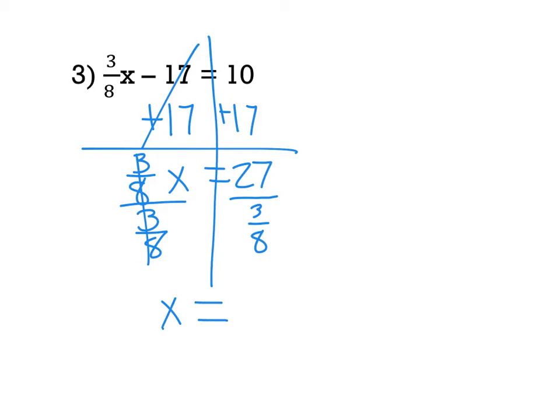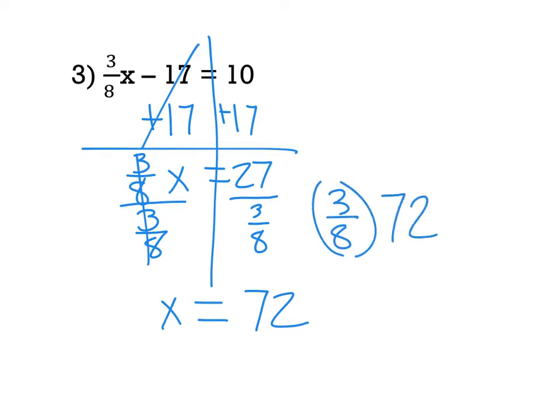And if I put that in the calculator, I would get 27 divided by 3, and I get 72. Okay, if I put this in the calculator, I get to check 3/8 times 72 minus 17.